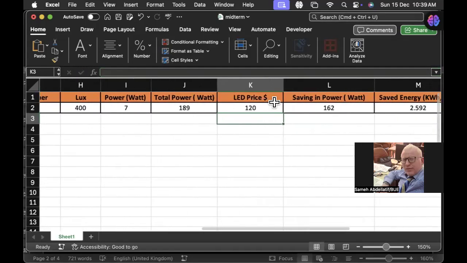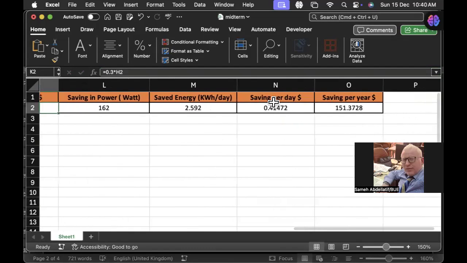So it's $120. This is the price. But again, per year, I'm going to save money, which is greater than the price. But how many years is the expected lifetime for this lighting source?